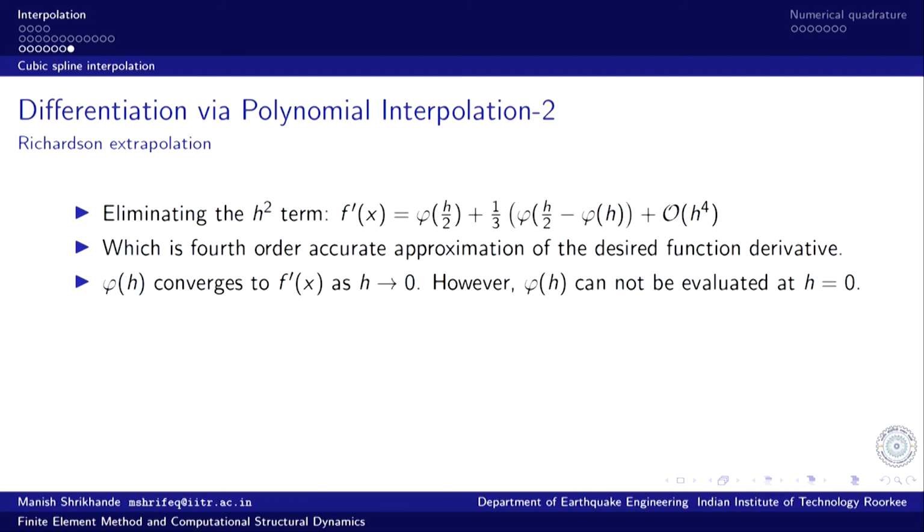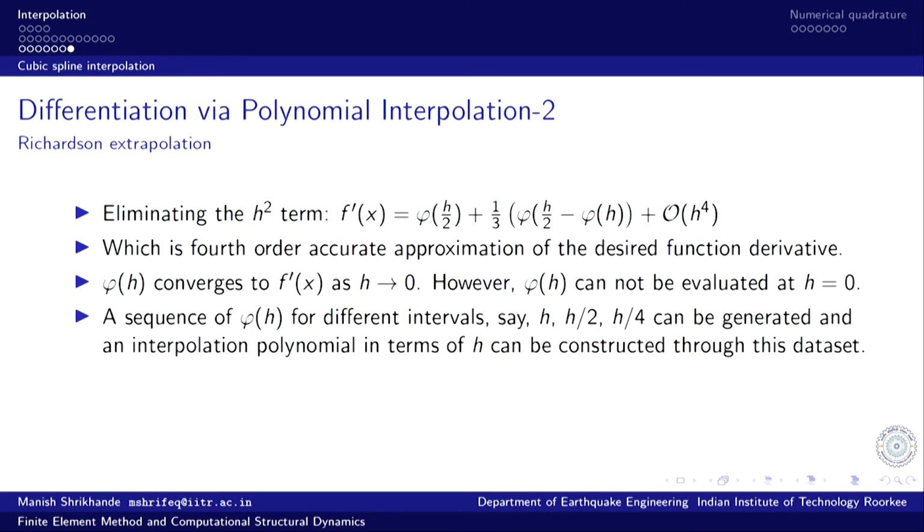So, what we can do is construct an interpolation function as an approximation for phi of h, and that can be evaluated for h equal to 0. A sequence of phi of h for different intervals can be generated, and an interpolation polynomial in terms of h can be constructed through this data set.